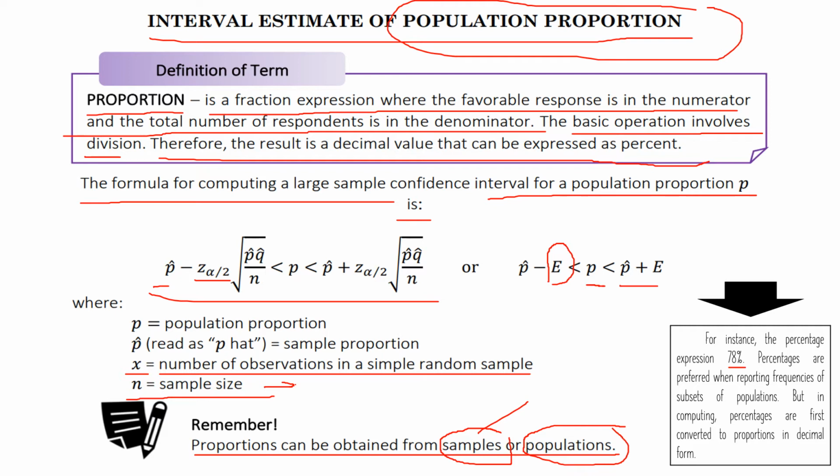Percentages are prepared when reporting frequencies of subsets of a population, but in computing, percentages are first converted to proportions in decimal form. So this statement is a good example of proportions.